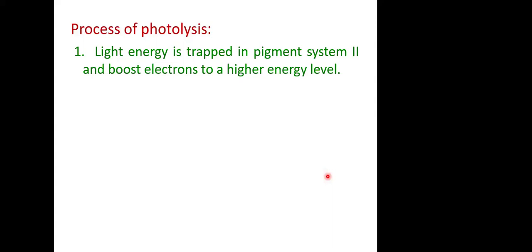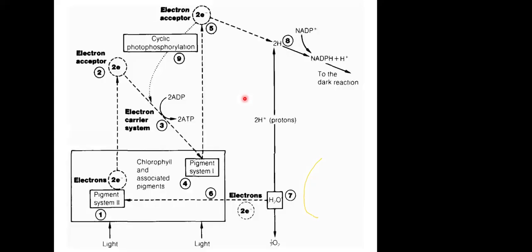Here light energy is trapped in pigment system 2, and then there's a boost of electrons to a high energy level. This is what I mean. When these electrons are boosted to a high energy level, they are taken up by this electron acceptor, okay?